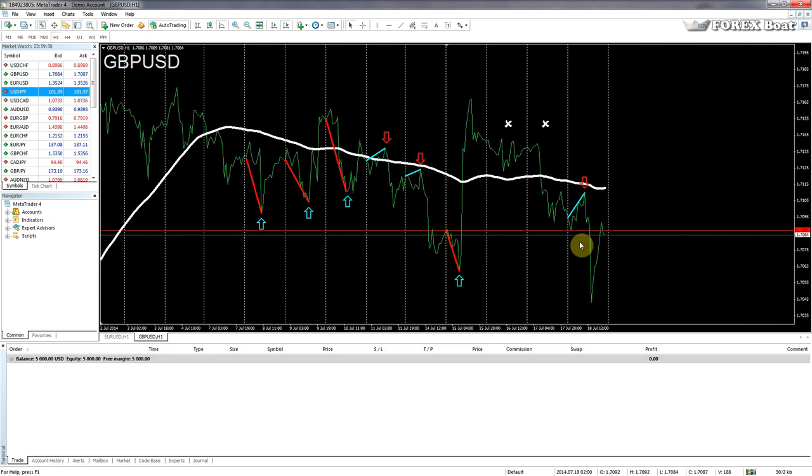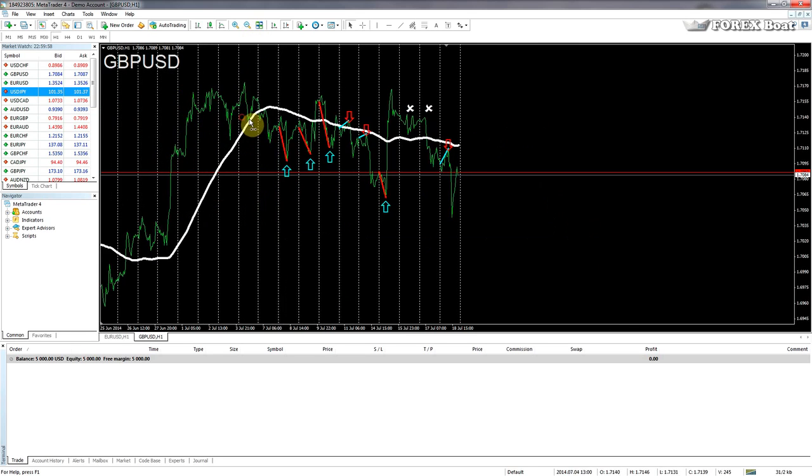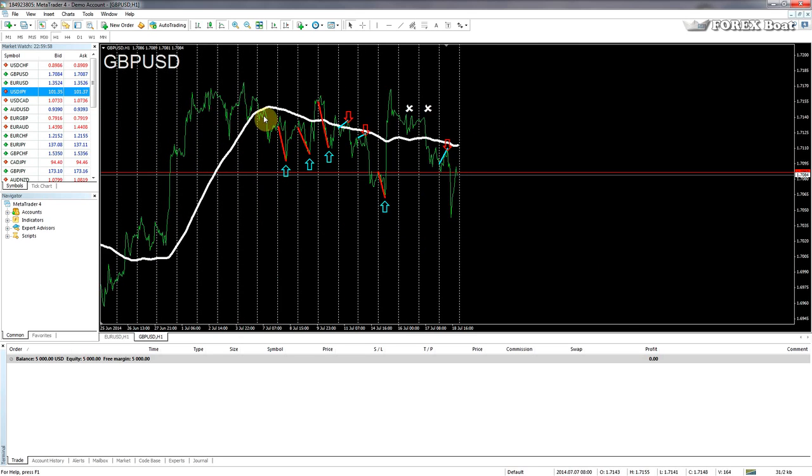The price here is generally below the moving average, but we are buying, so we're going against the trend. If we look back here, we can see that the price is going down generally, but at every one of these blue arrows is a retracement.